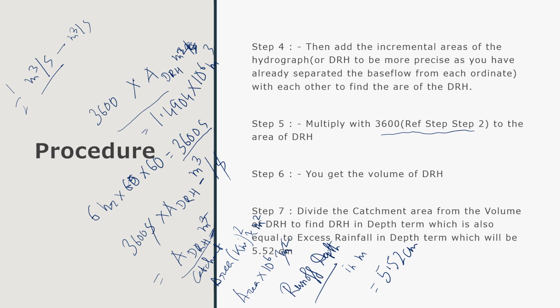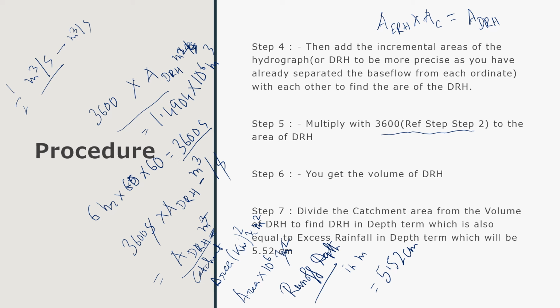as you know that if I multiply area of DRH, if I multiply the area of effective rainfall, this I was mentioning from the very beginning, that if I multiply area under effective rainfall hyetograph with the catchment area, okay, I will get the area of DRH, direct runoff hydrograph.